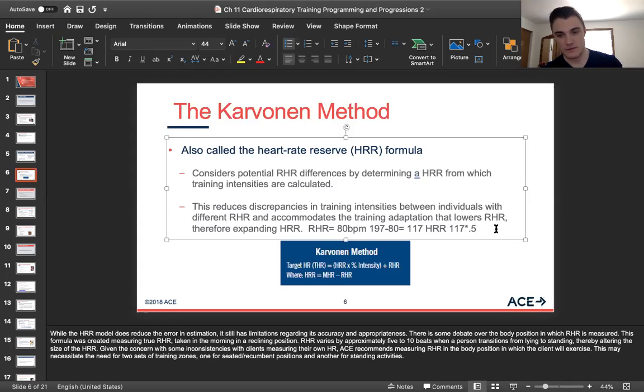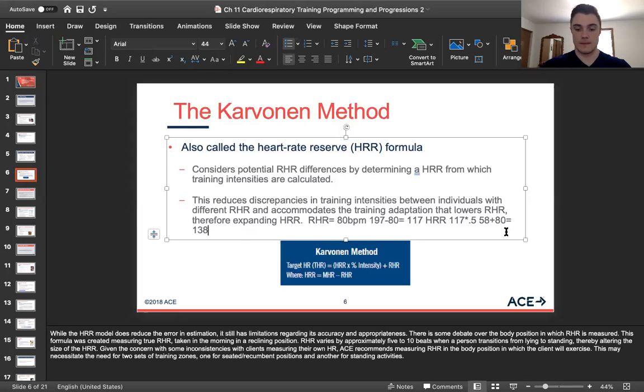So it'd be like 58. Let's do 58. So then it would be 58 plus the resting heart rate, which is 80. So then I know that if I want to work at 50% of my heart rate reserve, when I'm working out and exercising, I will need to be at 138 beats per minute.